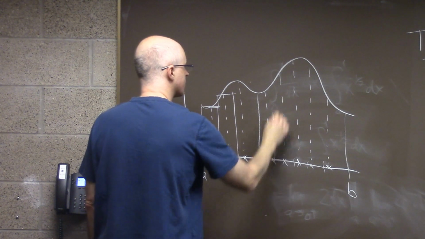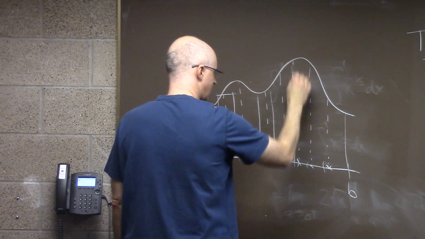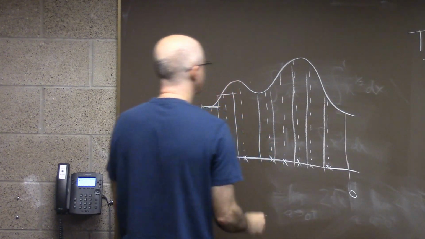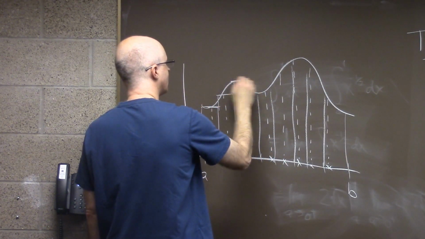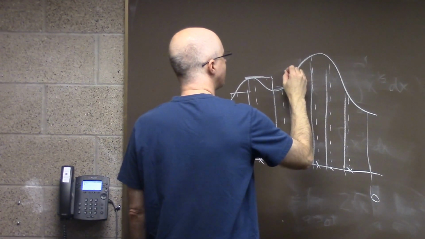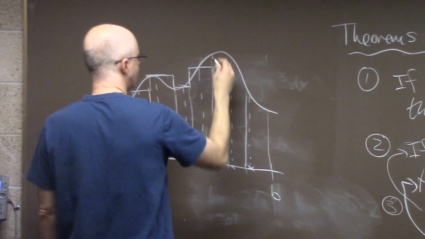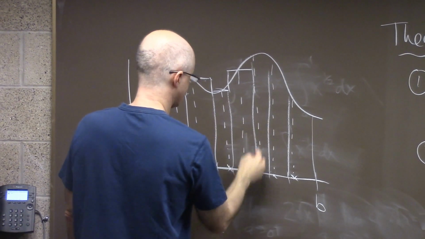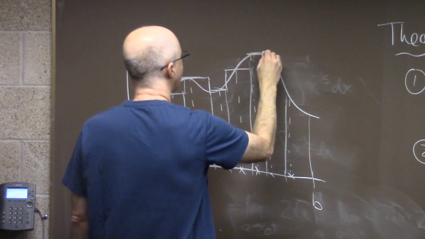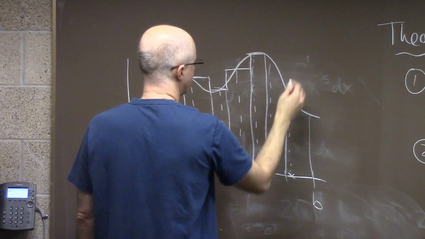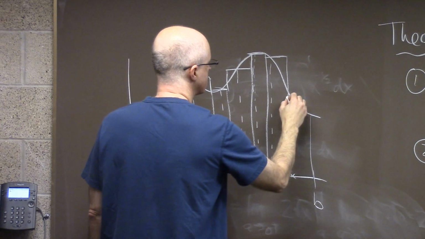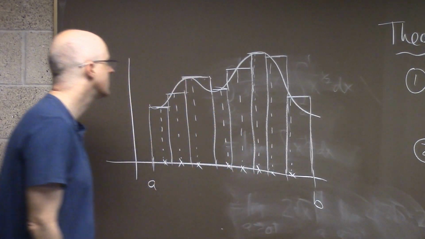Make my vertical lines first here. Ignore the imperfections in the picture. These rectangles don't have to all have the same width. In calculus, we typically make them have the same width.